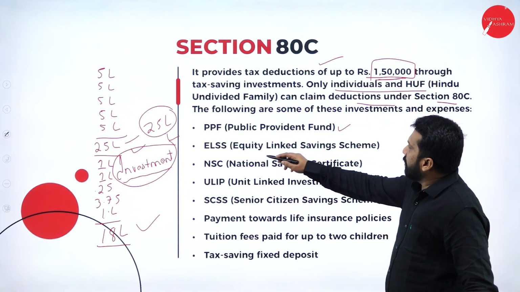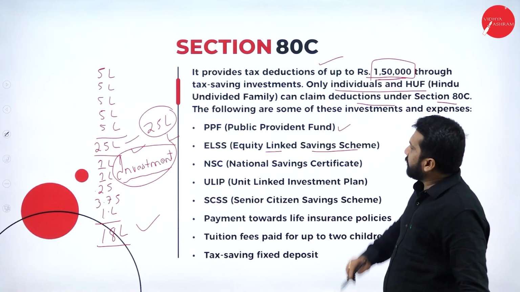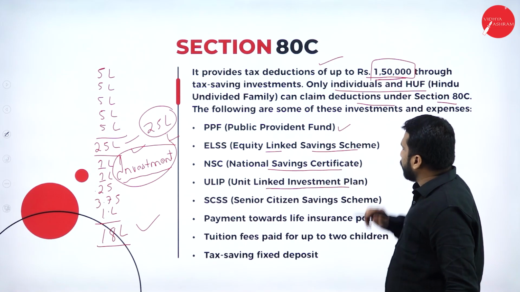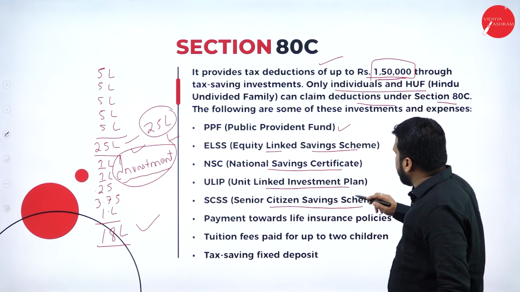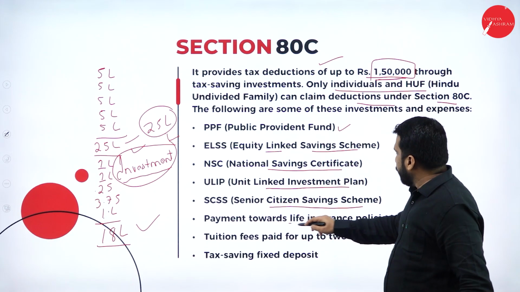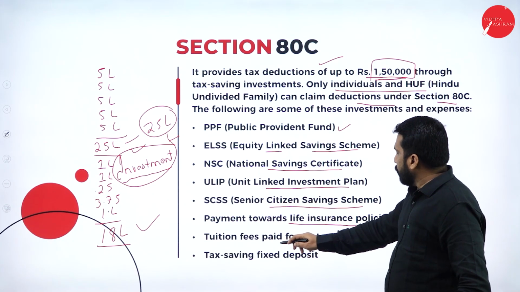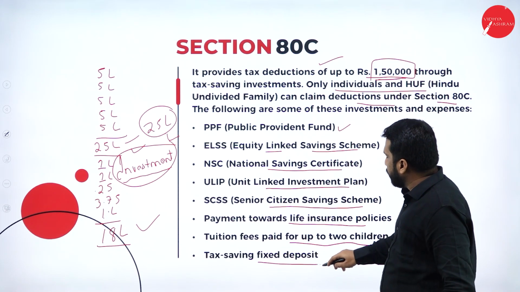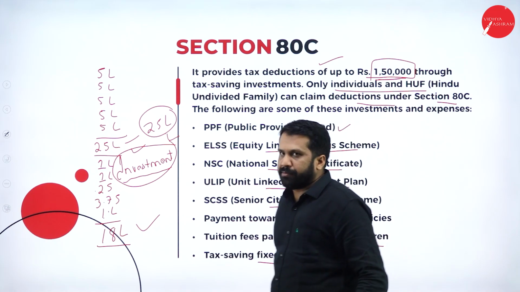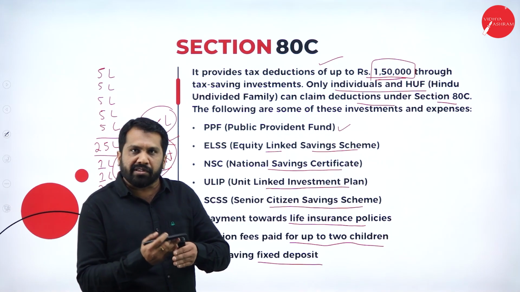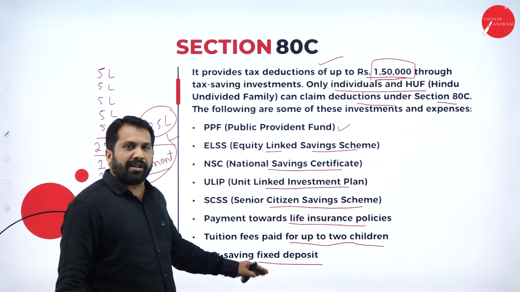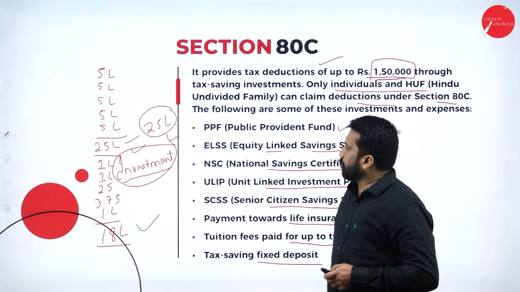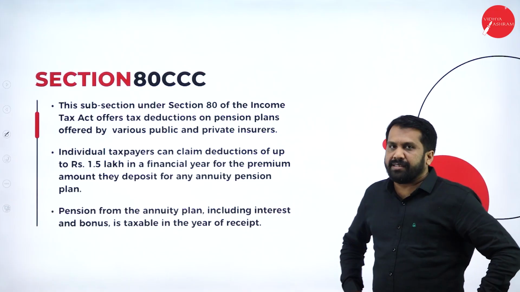Next, Equity Linked Savings Scheme, National Savings Certificate, Unit Linked Investment, Senior Citizen Saving, Life Insurance Policy, tuition fees paid for up to 2 children, and tax saving fixed deposit. All these come under it. There are many more, small investments, but these are the major investments people usually make. Clear? These are the investments we have to claim under 80C.